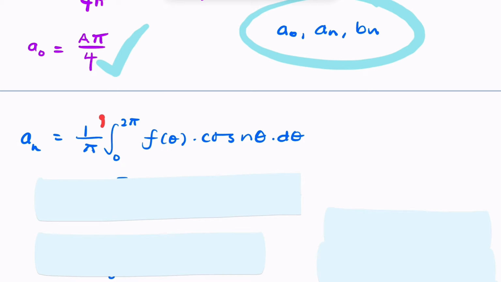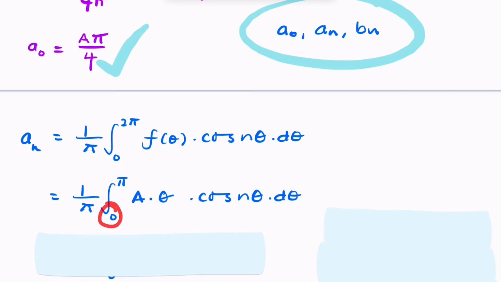It's 1 over pi times the integral over one full period of your function f of theta multiplied by cosine n theta. An is the coefficient for the cosine, so when we integrate, we need to multiply f theta by cosine n theta. And again, because f of theta is defined over two different regions, I need to split the integral into two.